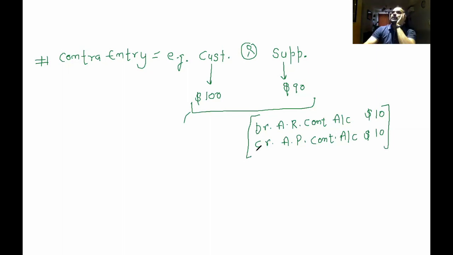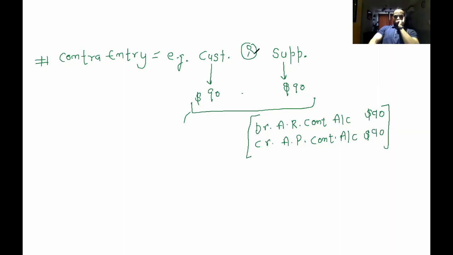Okay, so let me make another example. I think there is something wrong with the numbers here. I shouldn't write different numbers; I should write a single number, so better I write $90 here.